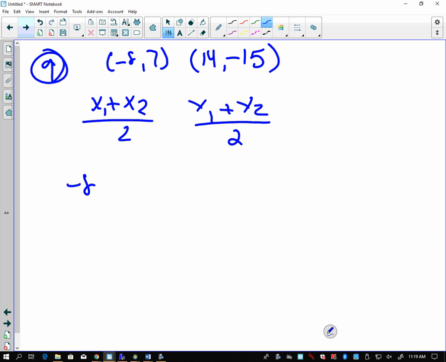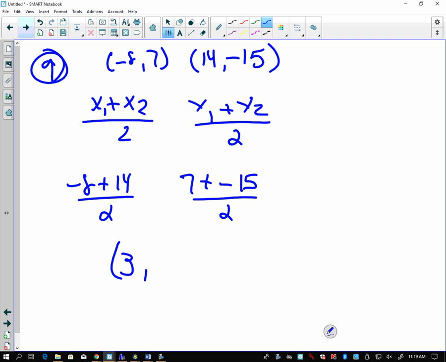X is -8 plus 14 divided by 2, and y is 7 plus -15 divided by 2. -8 plus 14 is 6. 6 divided by 2 is 3. 7 plus -15 is -8, and -8 divided by 2 is -4. Okay, number 9. Let's check our answer. 3, -4. I'm really feeling like this is maybe one of the easier tests we've had in a while, but maybe I'm wrong.